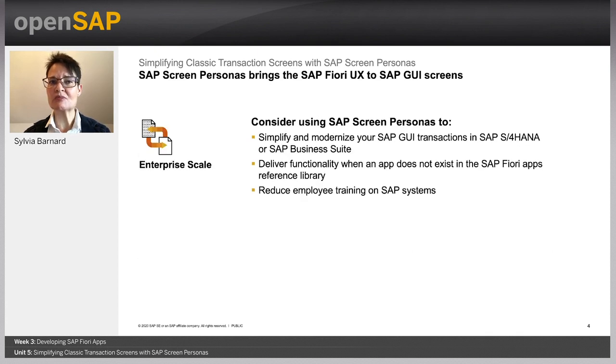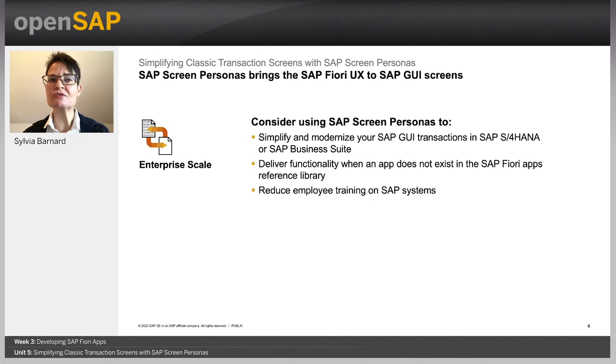The third key point is enterprise scale. You should consider using SAP Screen Personas when you want to simplify and modernize the UX of your SAP GUI transactions now to have an SAP Fiori look and feel of your SAP Business Suite transaction screens, and then you can decide to upgrade to SAP S/4HANA at a later point in time.